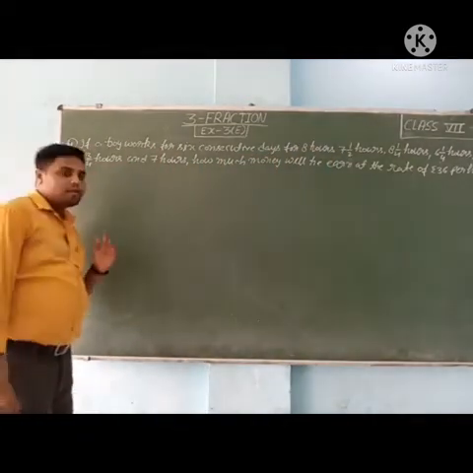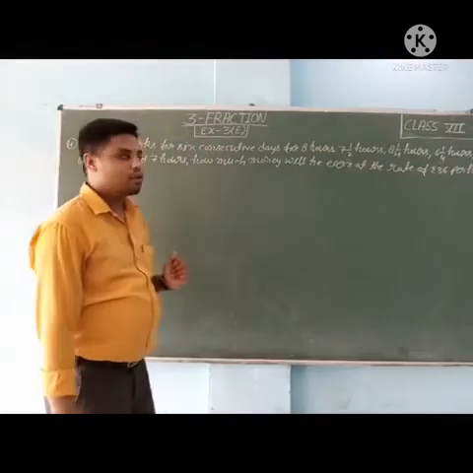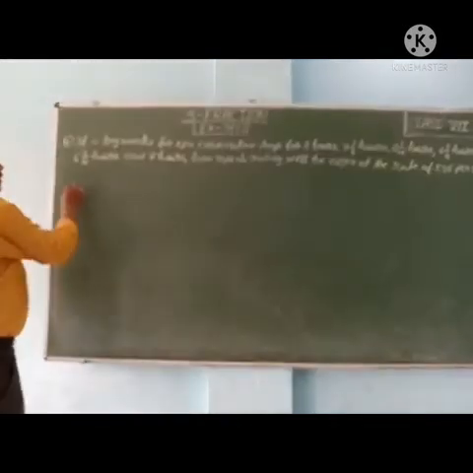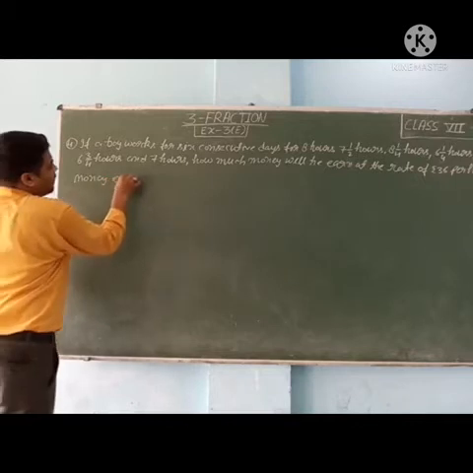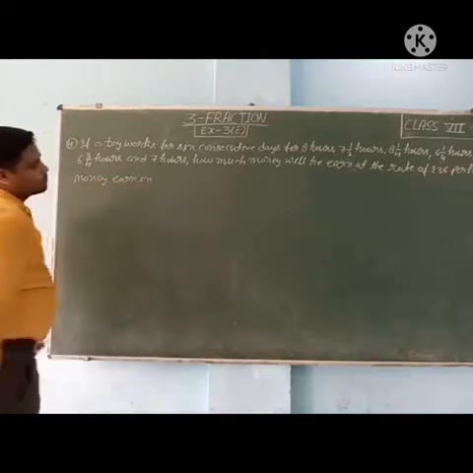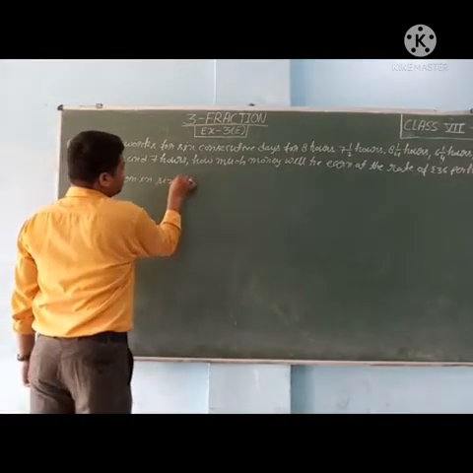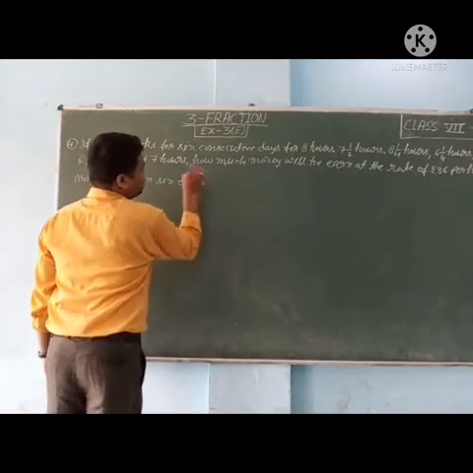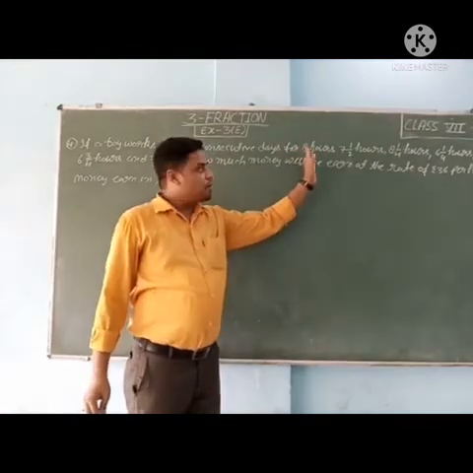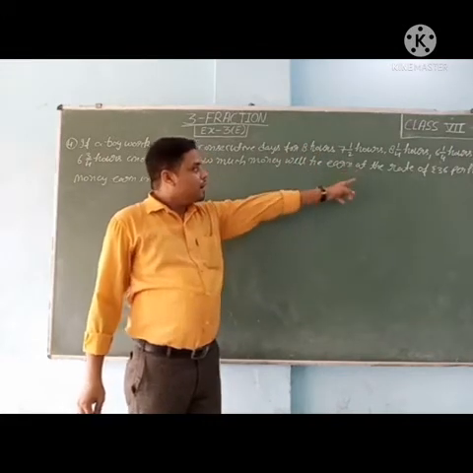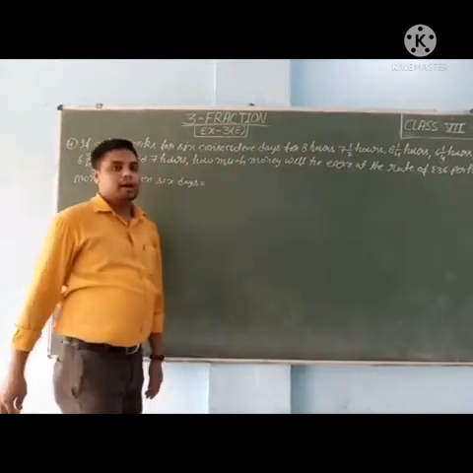See, we will make one equation for this calculation. What equation will we make? Money earned in 6 days is equal to sum of hours multiplied by 36.